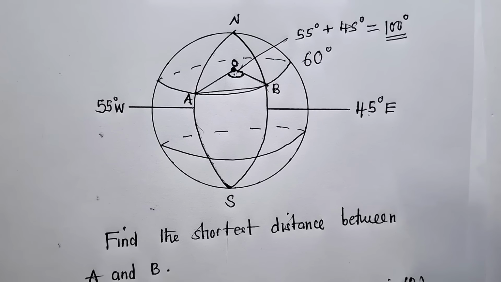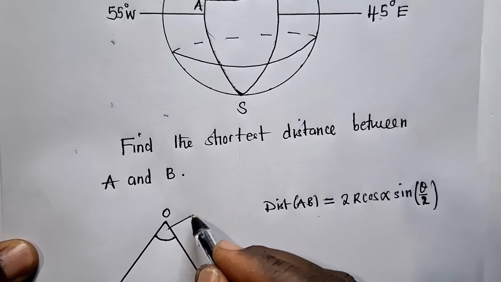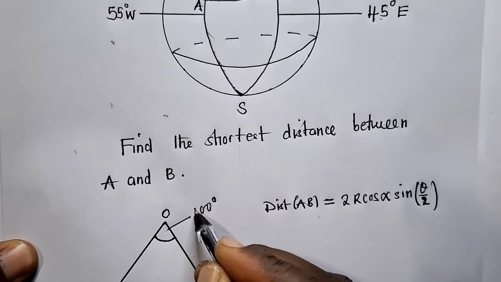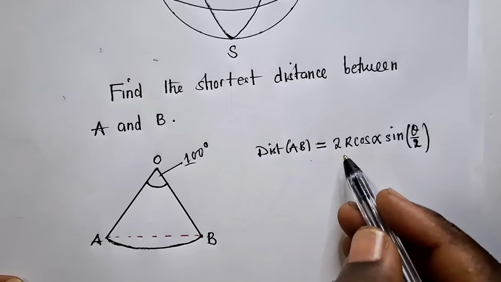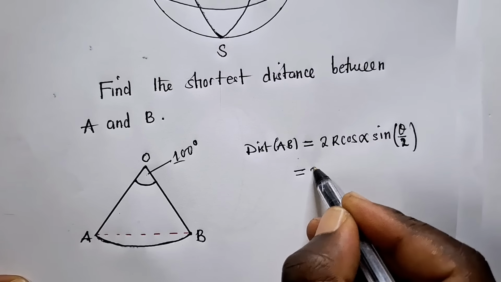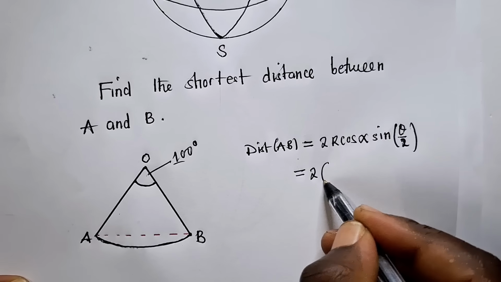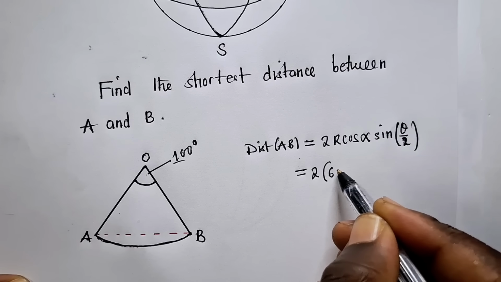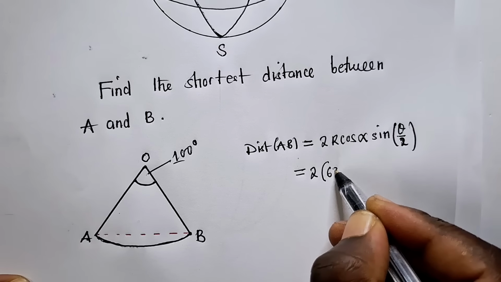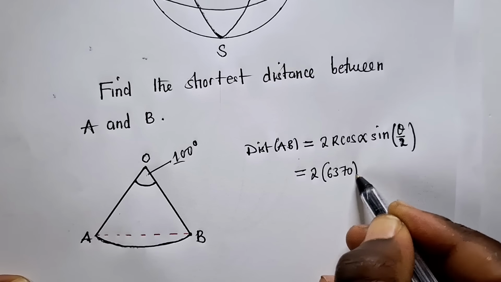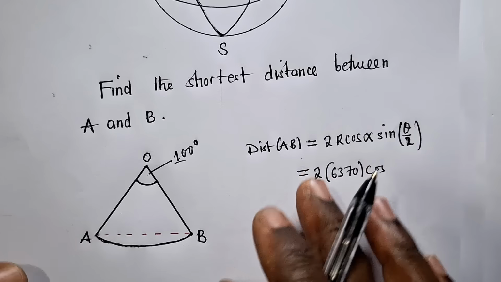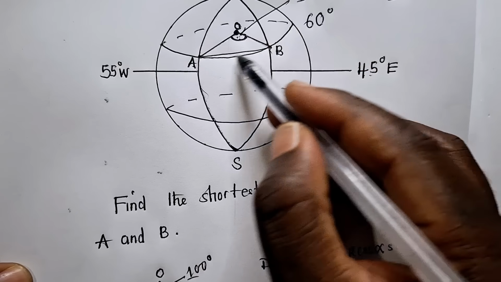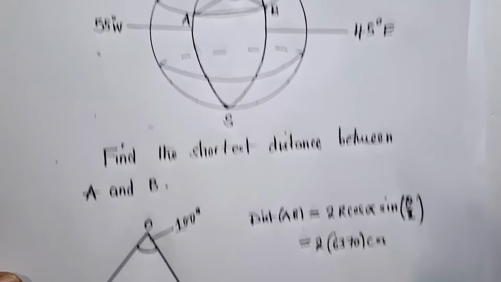Okay, so I've put it here. This is 100 degrees. Okay, so now shortest distance, we use this formula. We're going to say equal to 2, and then R, we know R is 6370, and then here we shall say cos alpha. Alpha should be the name of the latitude here, which is 60 degrees.